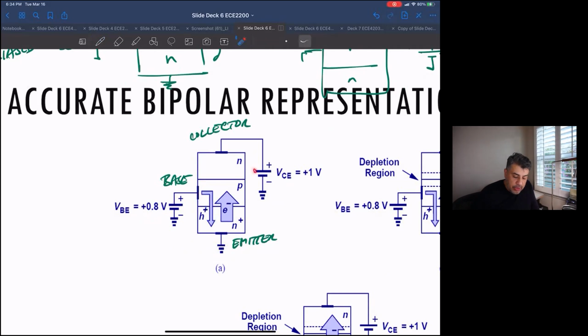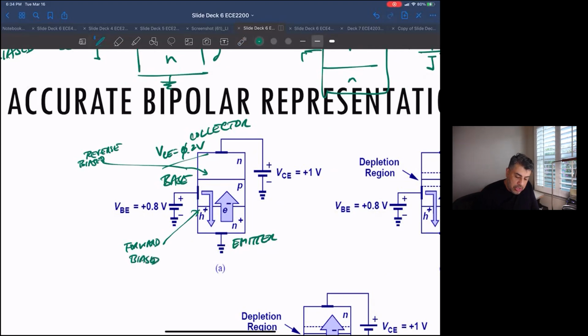And if I put a 1 volt battery across the collector and the emitter, this emitter is grounded, so this is collector to emitter. Then the collector base voltage is going to be 0.2 volts. So this becomes reverse biased, and this becomes forward biased.